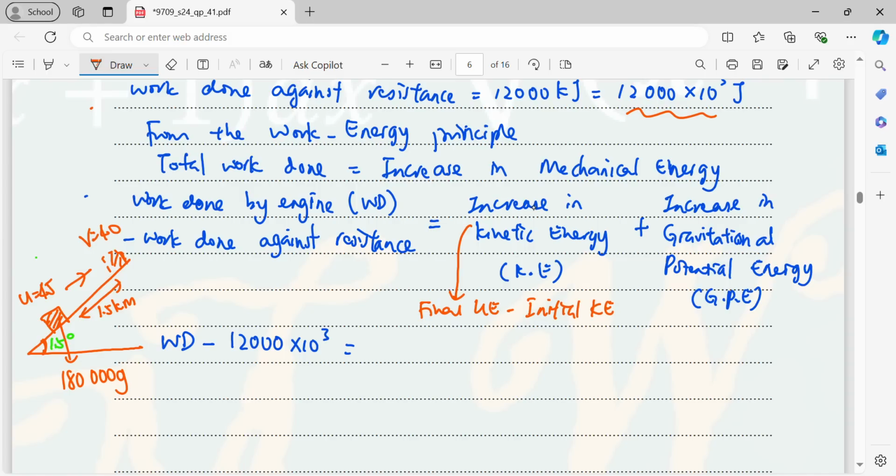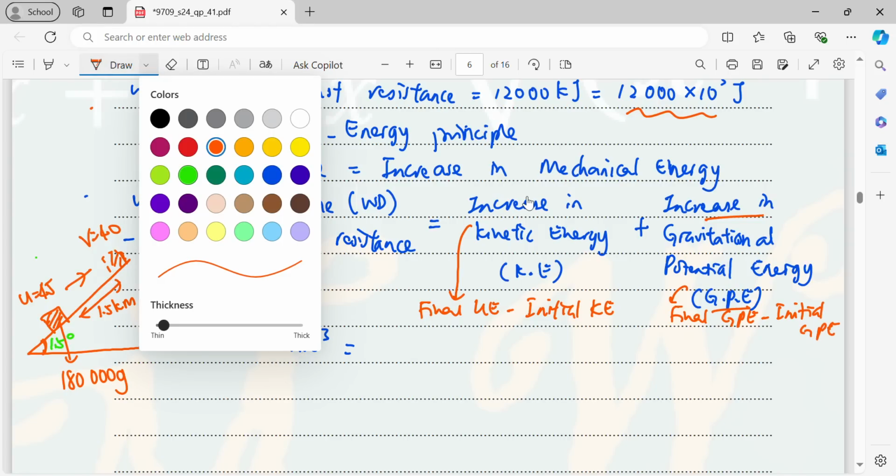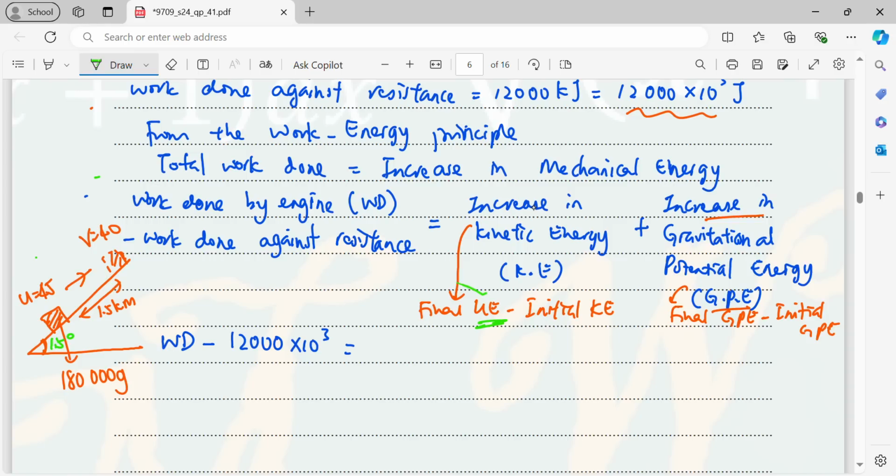And then the increase in GPE is basically final GPE minus initial GPE.